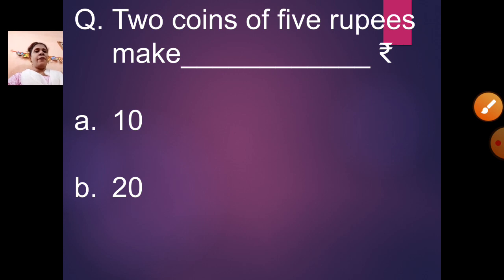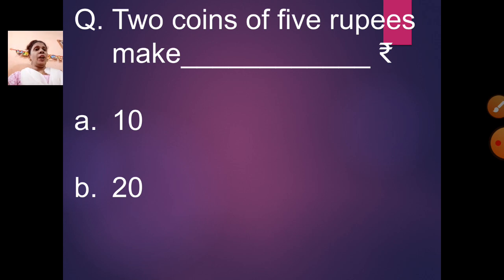Two coins of 5 rupees make dash rupees. Option A 10, option B 20.